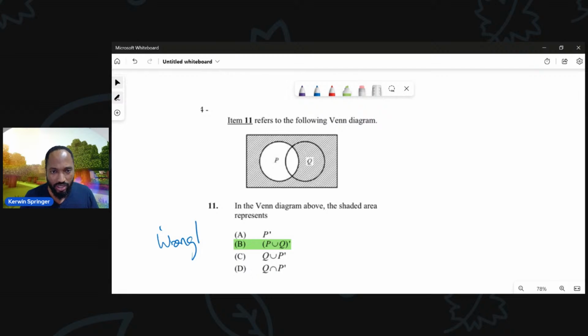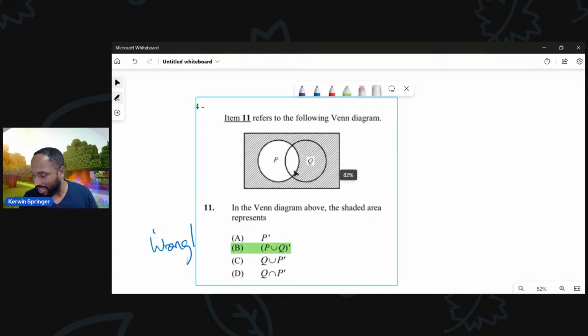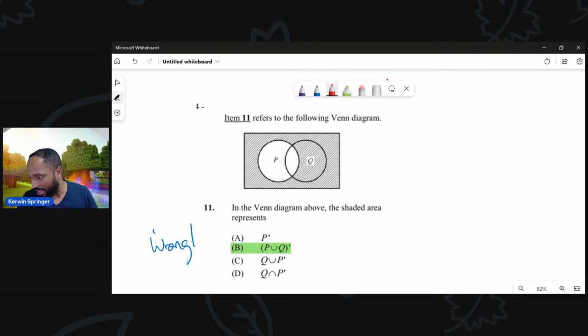I'll do that next. Let's double check the questions they did so far: 8, 9, and 10. I'll double check 8 and 9 and get them the answer for 10. Well, the answer is A. Everything here is shaded except P, so that's called P complement. Everything outside of P is shaded.